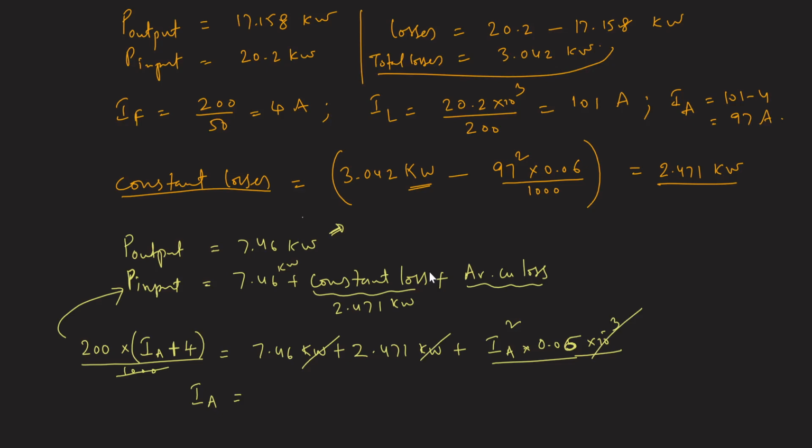So this comes to 0.06 Ia squared minus 200 Ia plus, what is this value, 4.76 plus 2.471 minus 800 is equal to 0.